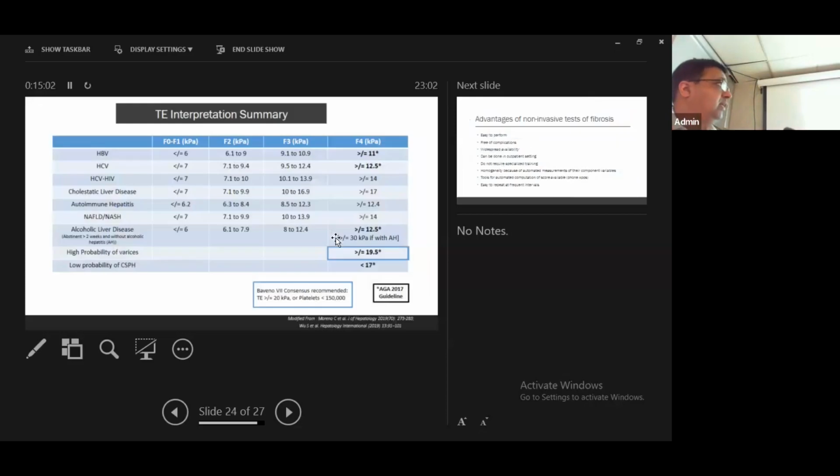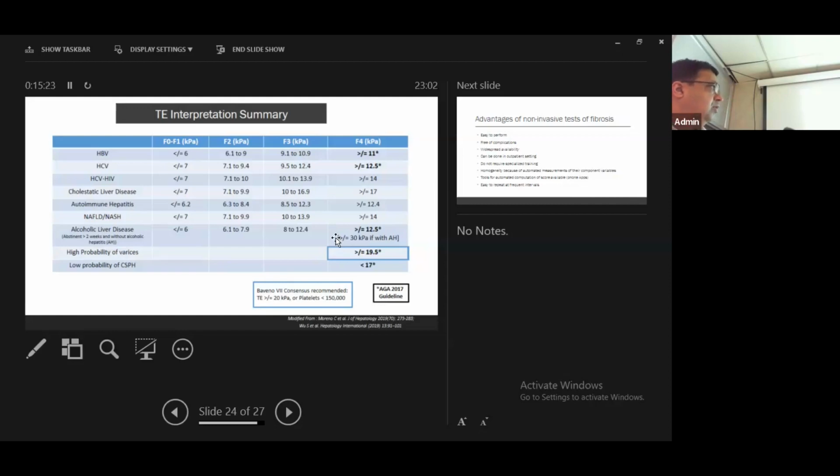These are the various values of the FibroScan. This means, according to etiology, the interpretation of FibroScan value changes. For F4 fibrosis in hepatitis B, if the patient has a value more than 11, it is considered as F4 fibrosis.